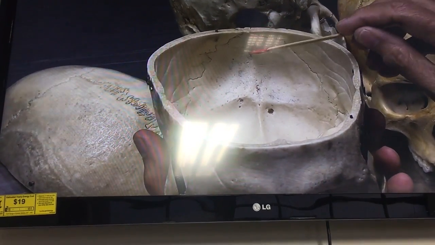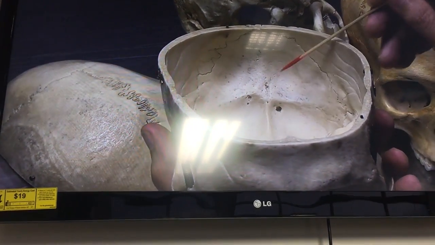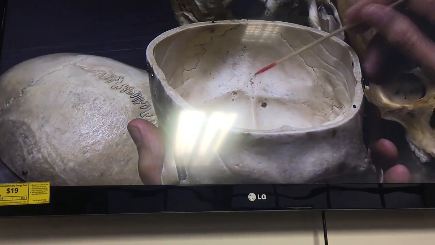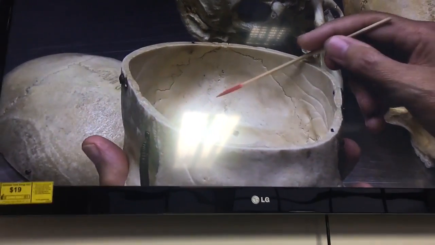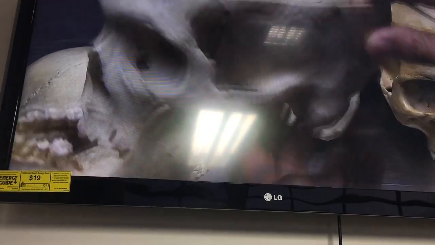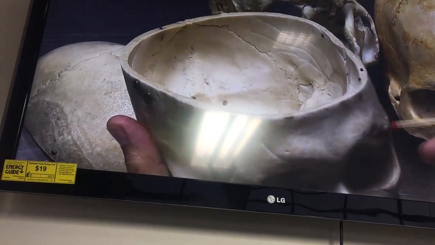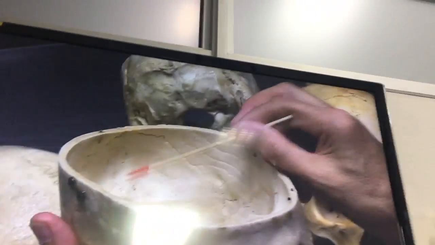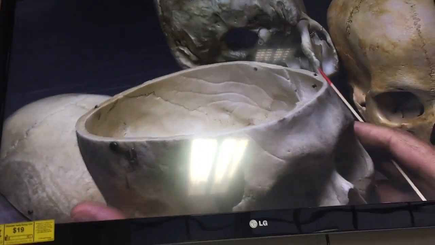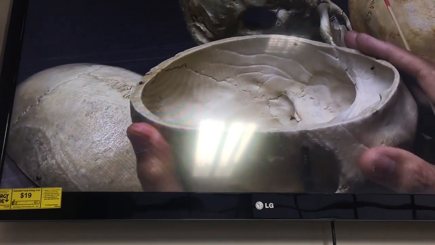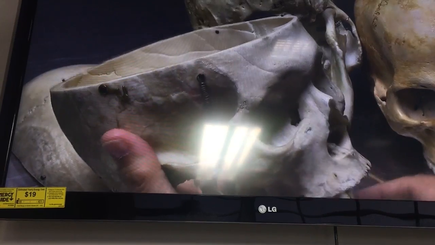And this is the sagittal sinus going off here to the right, and the straight sinus. We didn't do all that, so I'm not going to spend much time there. But can you imagine a confluence of sinuses, a lot of blood pooling in this area, and if you get a fracture in this area, you can be in serious trouble, or it can be fatal. This confluence of sinuses has a name: the torcular herophili. Torcula.